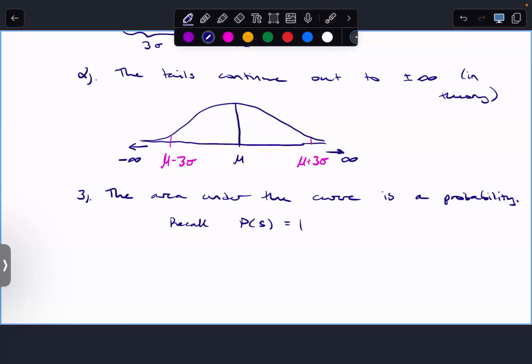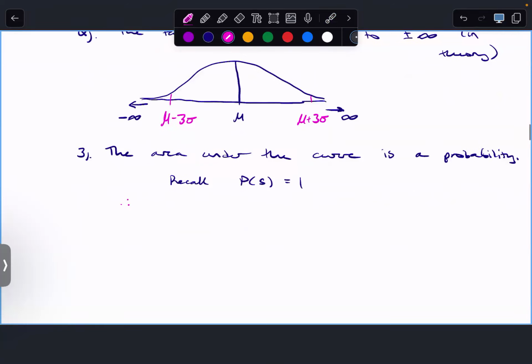And so therefore, the total area under the curve is 1. We're going to use that quite a bit. Knowing that the total area under the curve is 1.